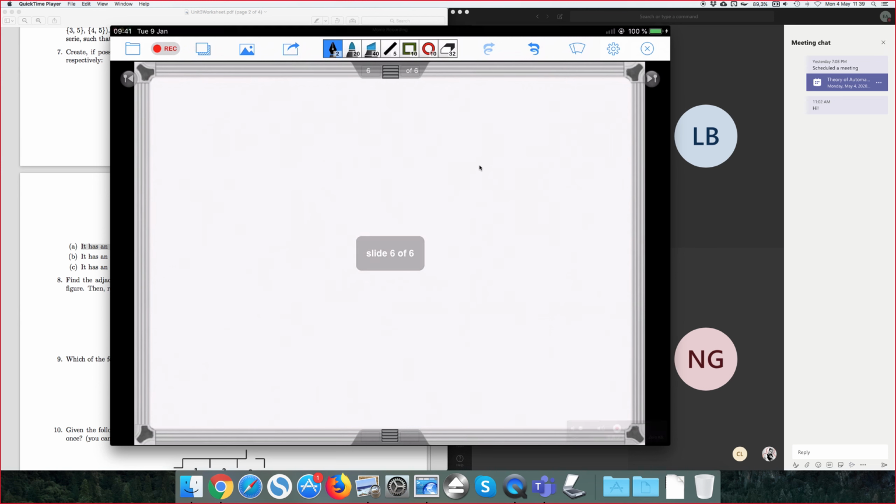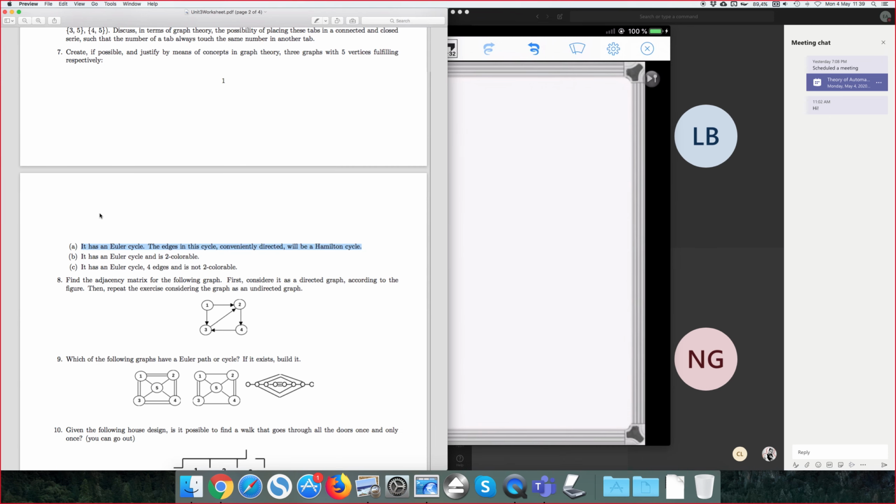Okay, so let's see the third part. Now we need an Eulerian cycle, 4 edges, and the graph needs not to be two-colorable, okay?